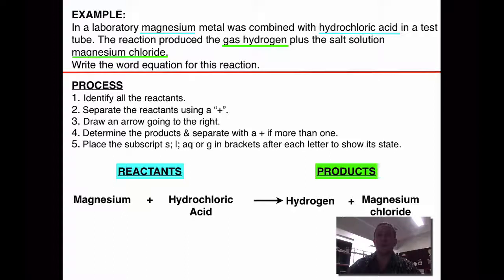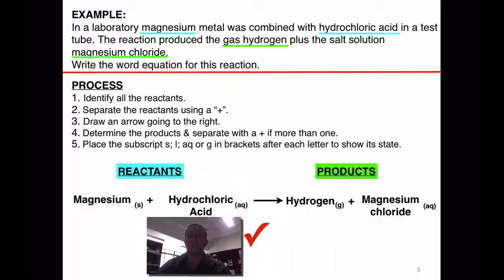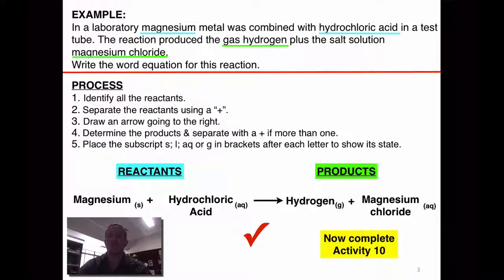The final thing we need to do is to put the state down. So it says magnesium metal. Well, this was a solid state. We know that hydrochloric acid is a solution, so we put an aq state. Hydrogen is a gas, and magnesium chloride again is a solution because it says it in the example. So now we have produced a correct word equation.